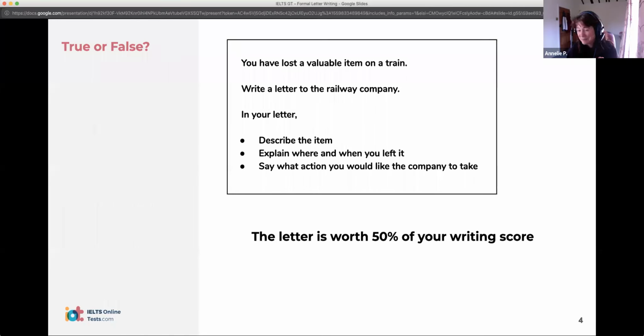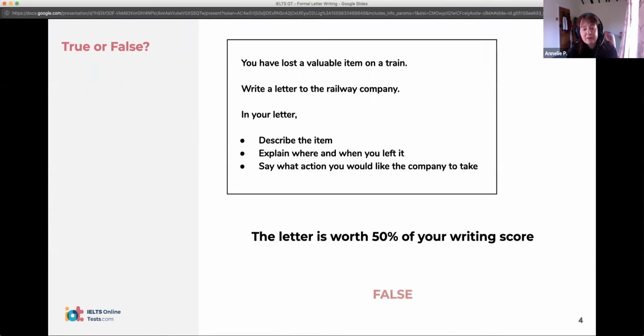Okay, that's absolutely right. It's false. It's actually 1/3, whereas task 2 is worth 2/3. So be careful with that. It is very important to take the 40 minutes on task 2. It requires more time. It's worth more marks.